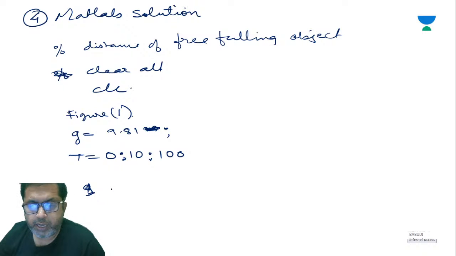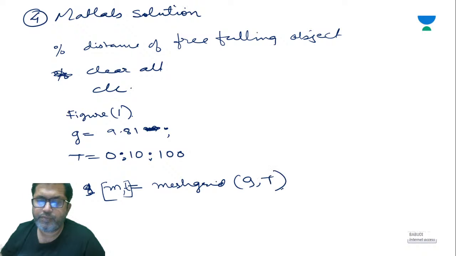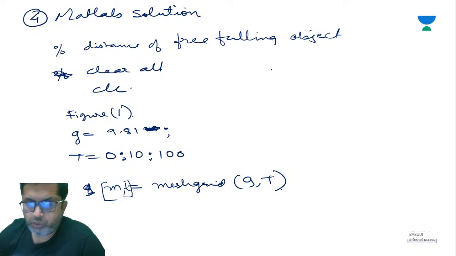So I'll say that m comma t is equal to meshgrid g comma t. So g is number of rows 1 and t will be 100.